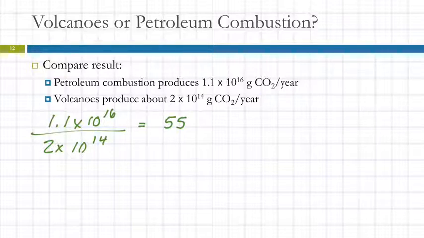So human combustion of petroleum products generates 55 times more CO2 than our estimate of volcanic action. So that suggests that our use of fossil fuels is probably a significant source of CO2 in the atmosphere.